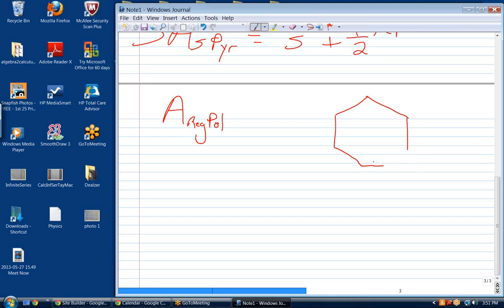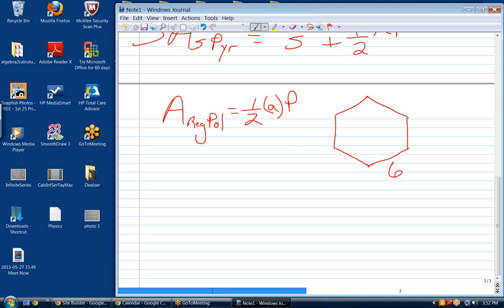It has to be regular for this formula to work. Okay, this is the area of a regular polygon. It is equal to 1/2 the apothem times the perimeter. So let's say they gave you a side length of 6. And that's all they give you.